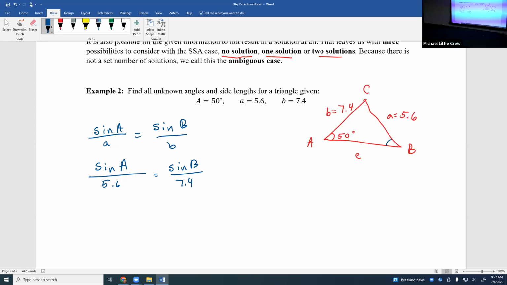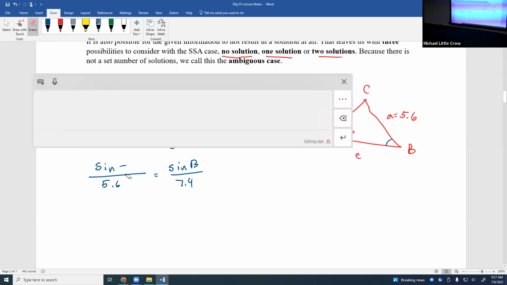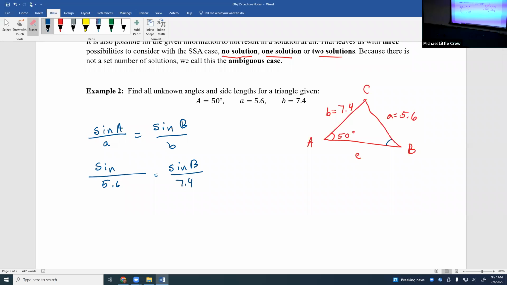And we know what A is, right? That's why we did that. Come back, sine of 50 degrees. Okay. So again, we're going to multiply both sides by 7.4.